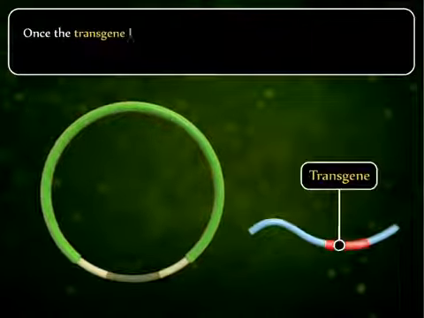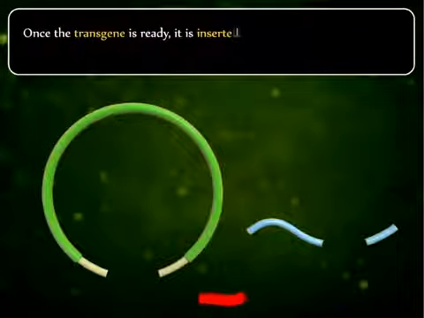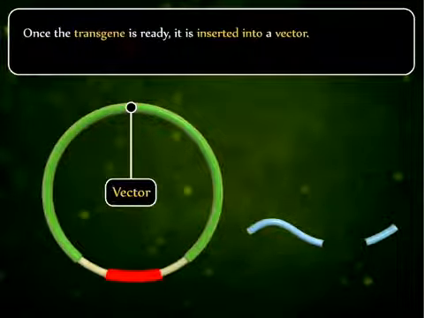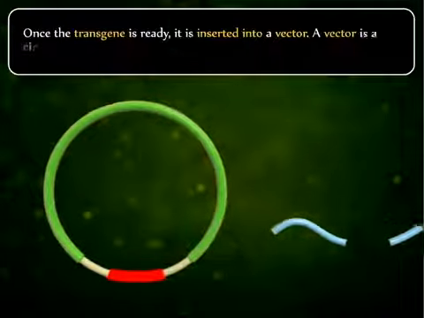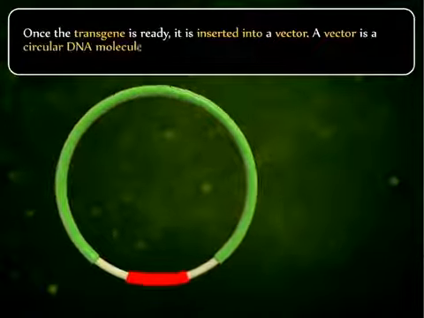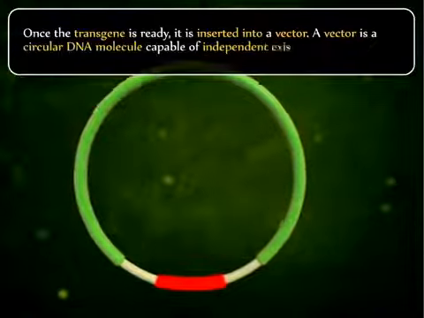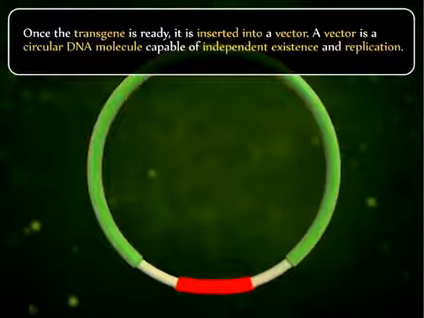Once the transgene is ready, it is inserted into a vector. A vector is a circular DNA molecule capable of independent existence and replication.